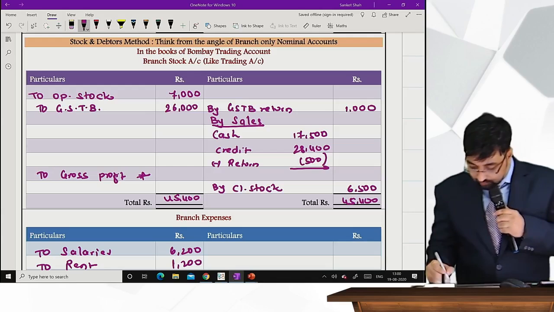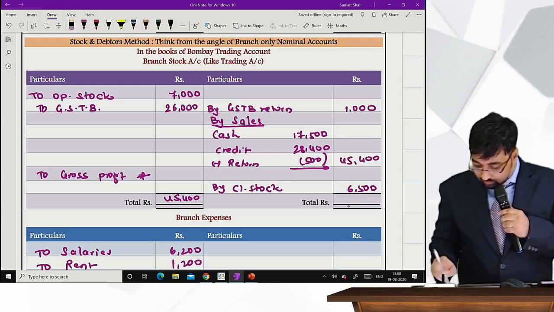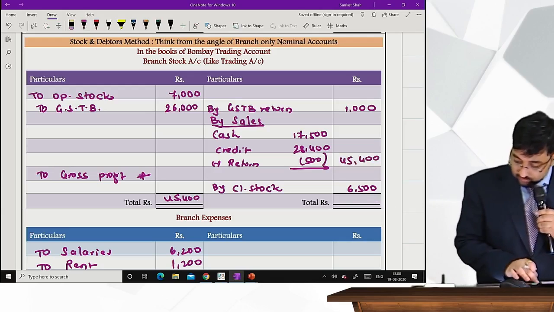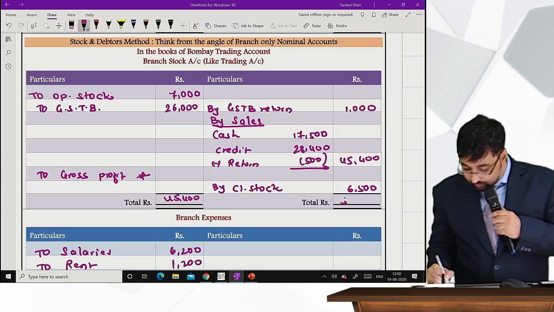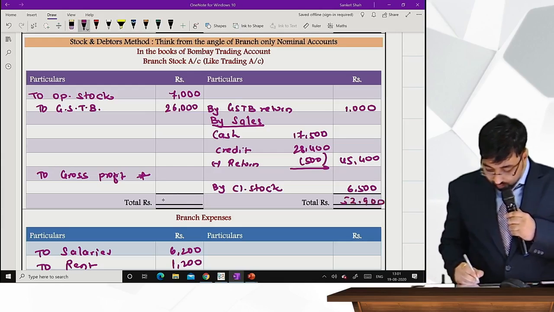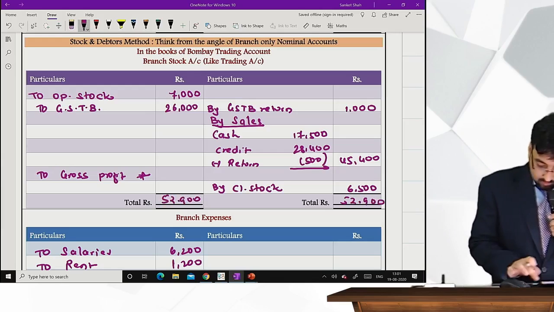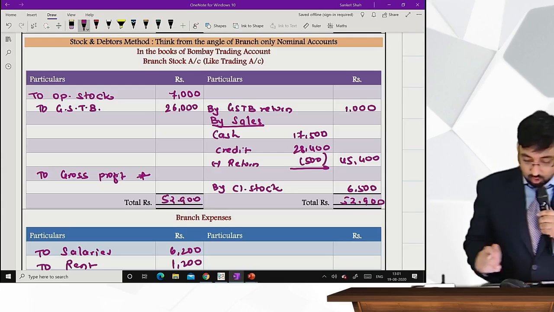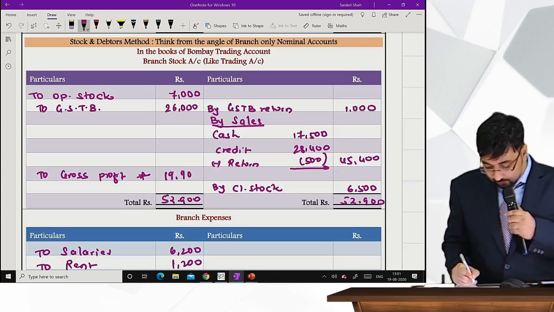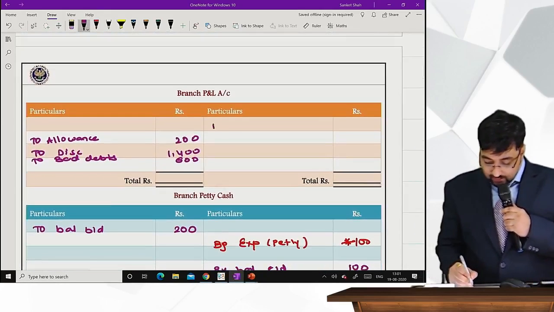This is 45,400, a total of sales, plus 1 plus 6.5. So total is 52,900. Correct? 52,900. I had taken it wrongly. 52,900 minus 7 minus 26. What is the gross profit? 19,900. Correct. Gross profit is 19,900.